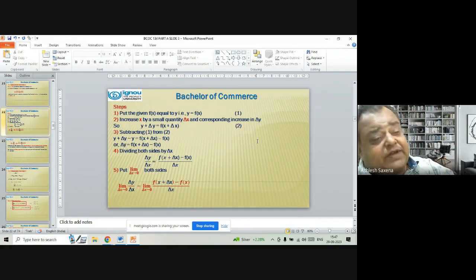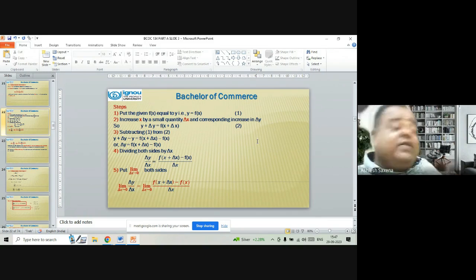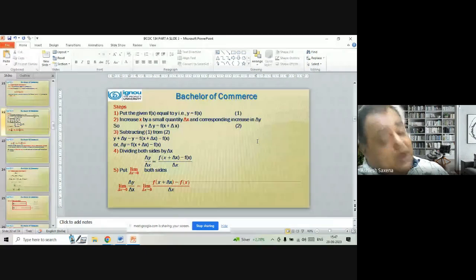What are the different steps while we have to calculate the first differentiation or derivative by first principle? You have a function f(x). First of all, you have to write y = f(x) and mark it as equation number 1.